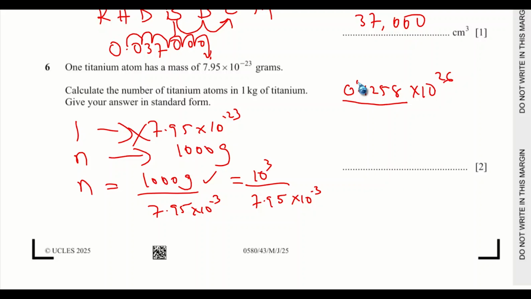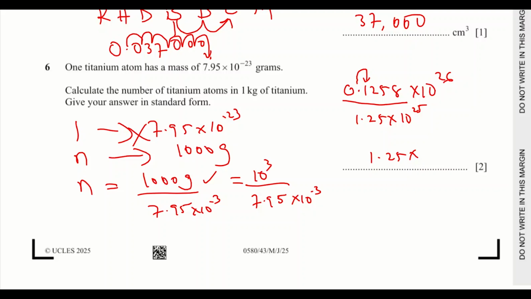So we have to write it. That means we need to shift this decimal point by 1. So if we shift the decimal point by 1, okay, the power of 26 will drop by 1. It will become 25. So that will be 1.25 times 10 to the power of 25. So this is the final answer.